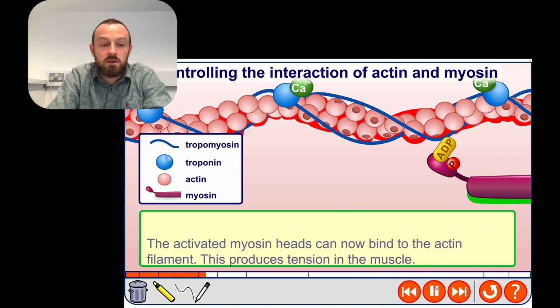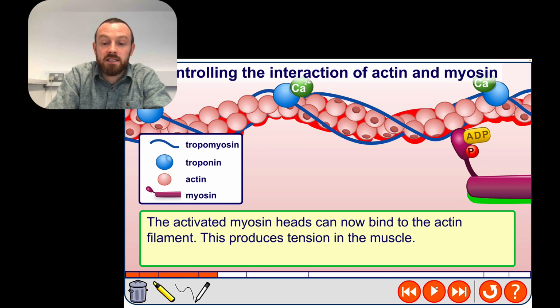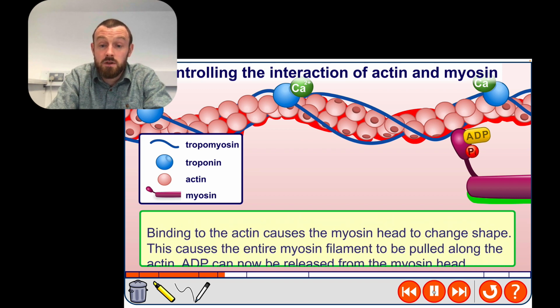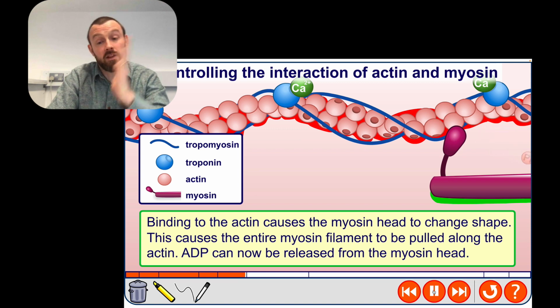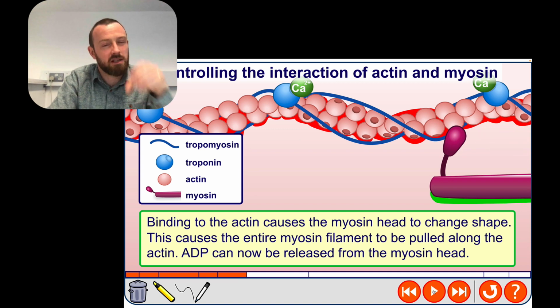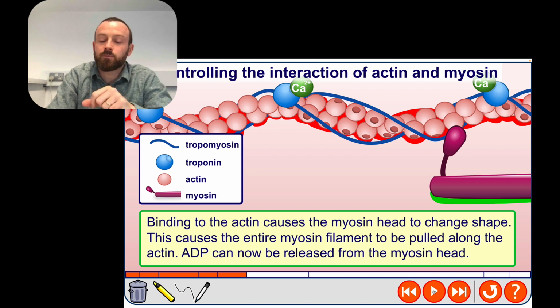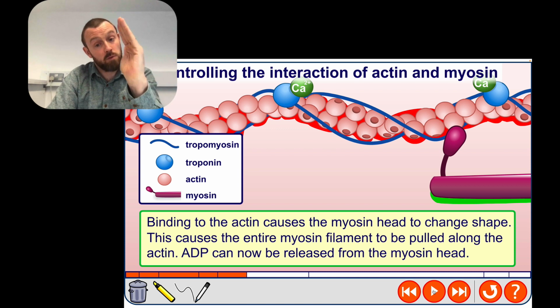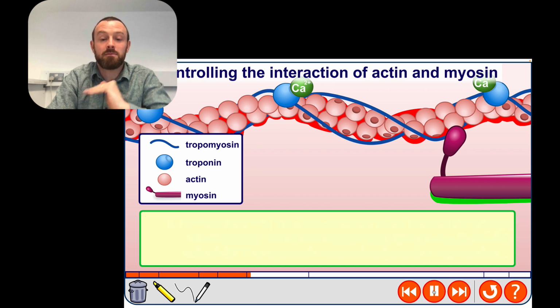So now, the activated myosin heads can attach to the actin, and as soon as they attach, they get this power stroke, and they pull along. Now, we'll go through this whole process because I really think this is coming up this year. So now they've moved along, and in order to release, ATP needs to bind.